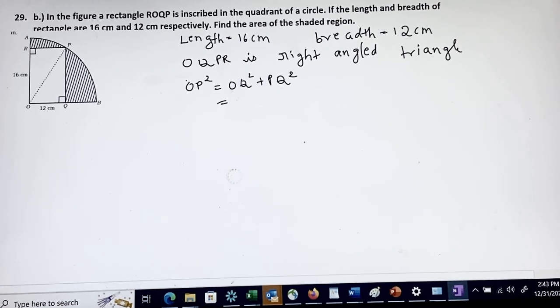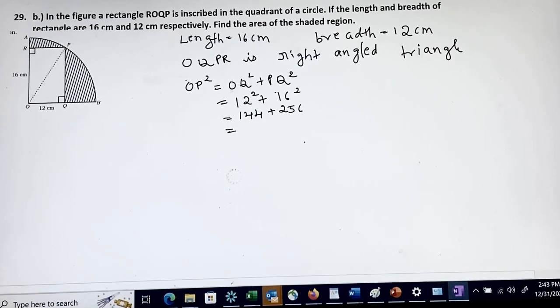OQ is nothing but 12, PQ is nothing but 16, so 12 square and 16 square. 12 square is nothing but 144, 16 square is nothing but 256. Okay, so when I add these two, I'll get 400. So this is the value of OP square.